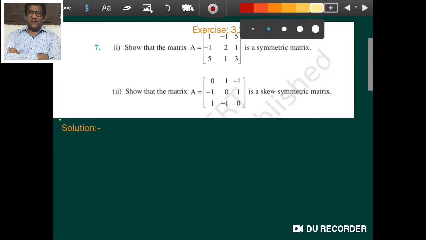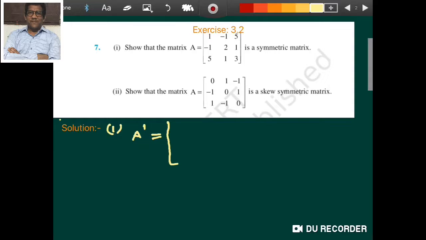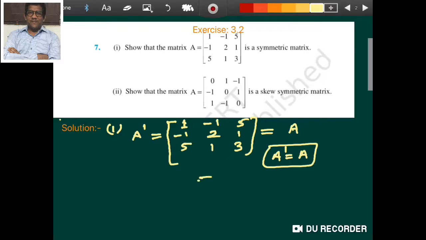Now in question number 7, first part, we have to show that the matrix A is a symmetric matrix. So we write here A dash. We interchange the row and column, and we observe it is the same as matrix A. So A dash is equal to A. This implies that A is a symmetric matrix.